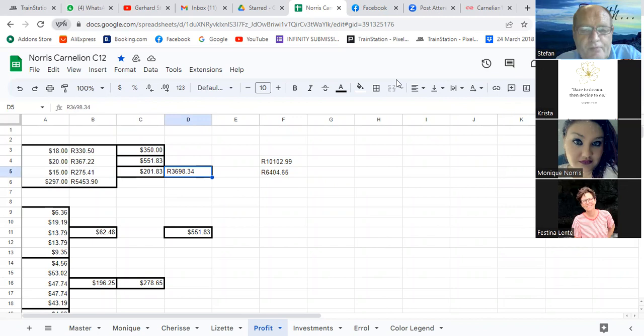Perfect. So if you look in column F, there's 10,102 Rand. That is the total Rand value of what we put into the profile, and this 6,400. The 6,000 is what we put in, and the 10,100 is what we've received so far.